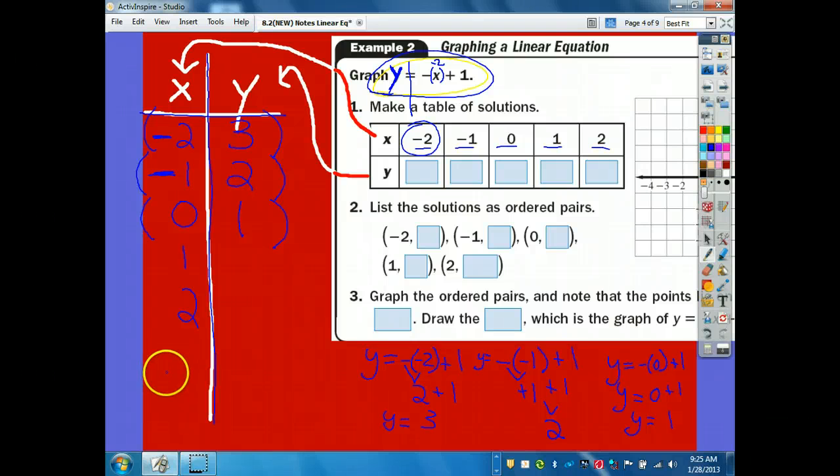Just think, if I used a -10 over here, you're going to start getting off of your chart. A -10, you get 10 plus 1, it's going to be 11. So you're going to be getting way off your coordinate plane. So you want to use smaller numbers for the x's when you pick your own numbers.